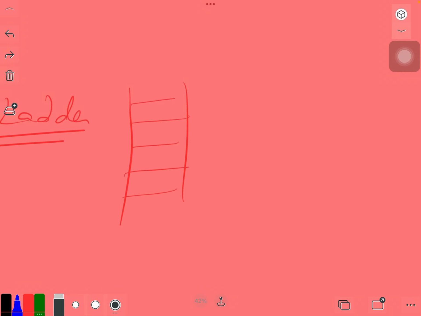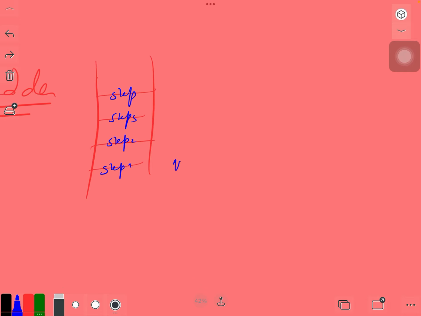So the analgesic ladder starts from step 1, step 2, step 3, and step 4. So step 1 starts with the NSAIDs, and as we go up, the power of the drug to tackle pain increases, right?